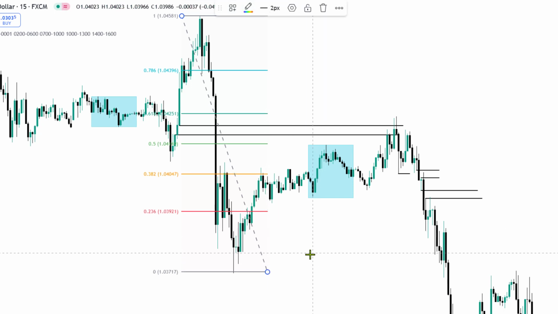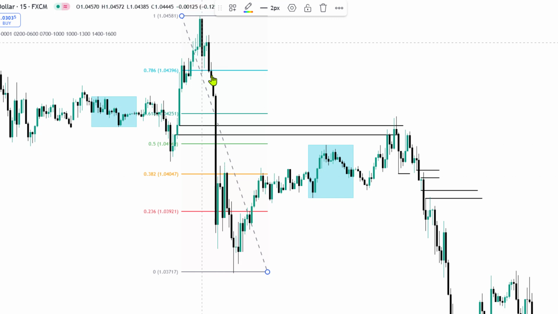When price retraces above 50% of the Fibo level of an initial price range, we call it premium, and everything below the 50% is discount. So we like to sell a premium market and we like to buy a discount market.